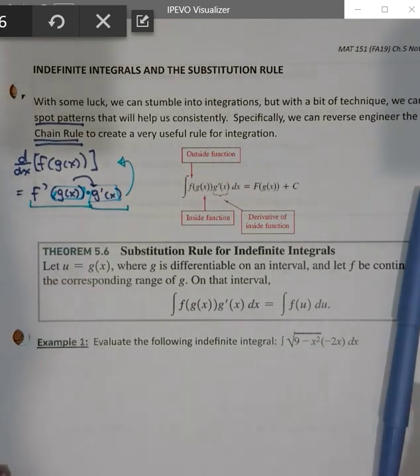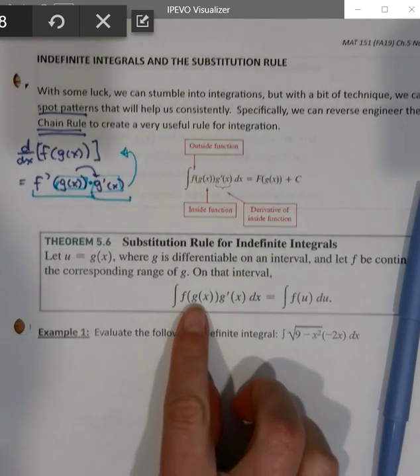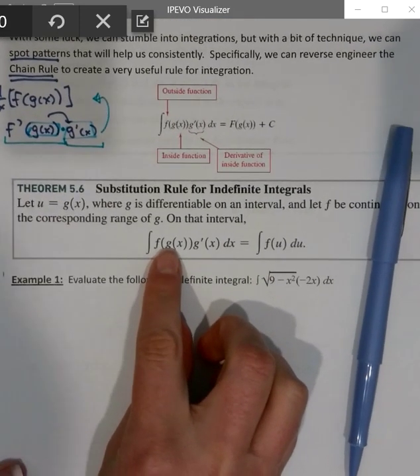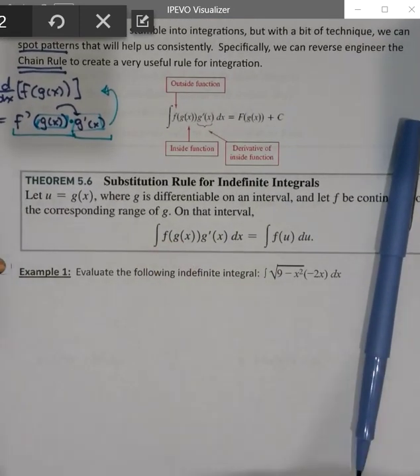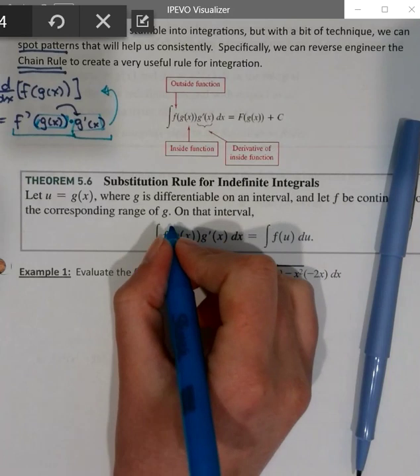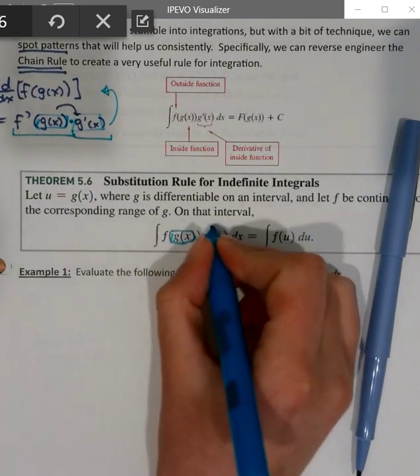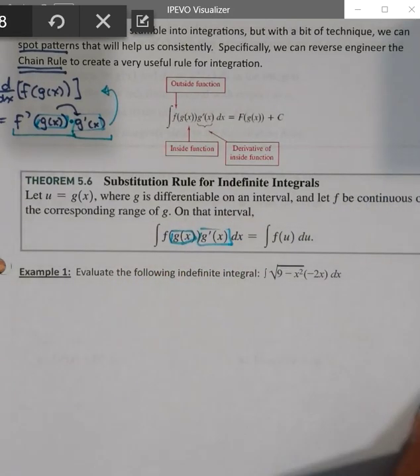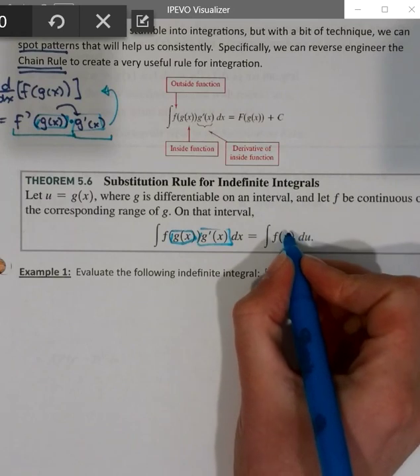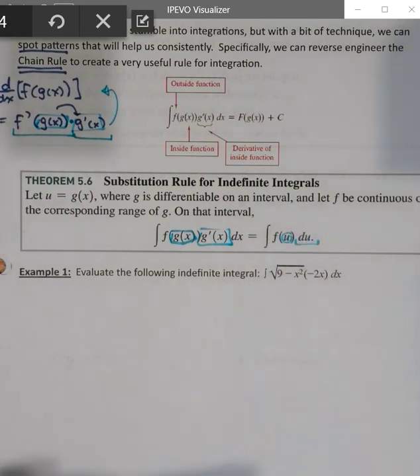Sometimes having all of those f's and g's is a little complicated for figuring out what's going on. We are just talking about that inner function and its derivative, but for convenience, we write the inner function as u, and then we can write it in terms of du, the differential, instead of the derivative in terms of u. That's the way we're going to want to work with these substitutions.